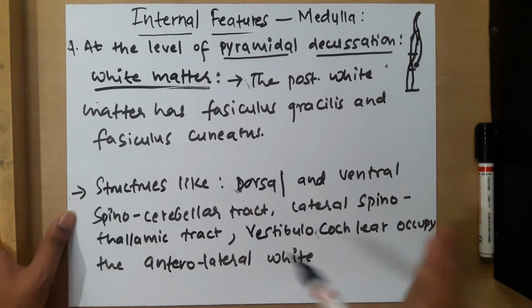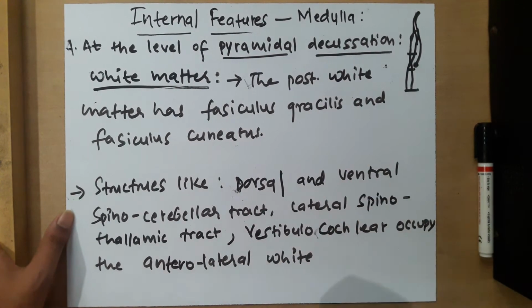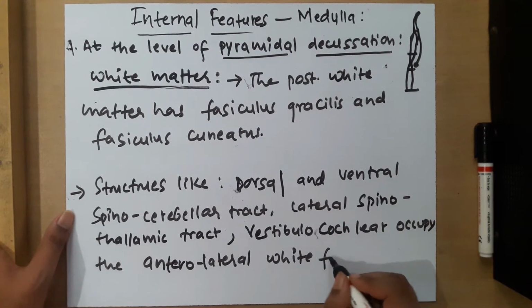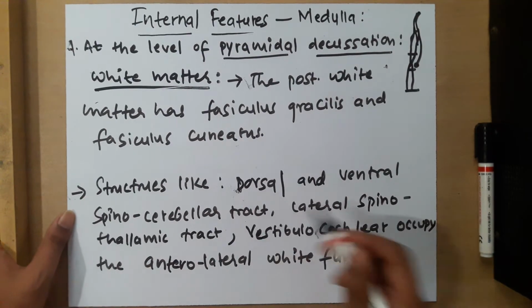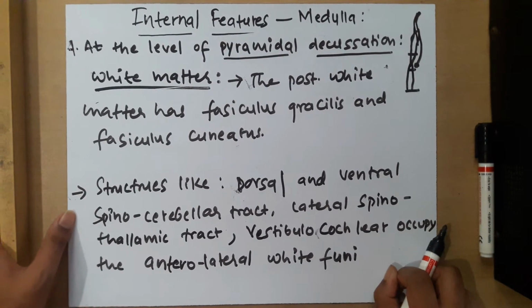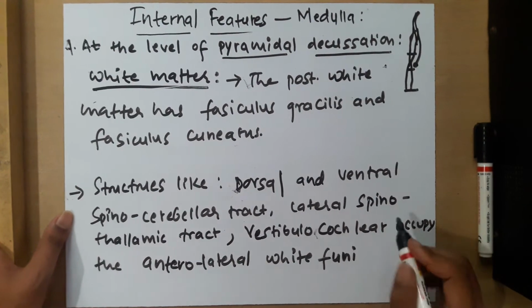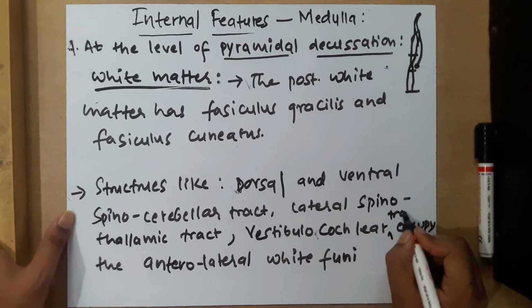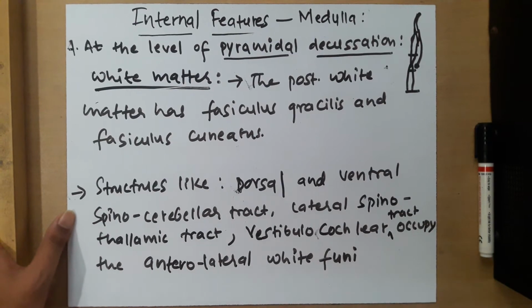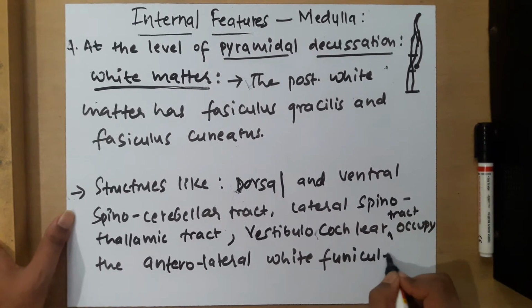That is, the anterolateral part of the white matter is occupied by spinocerebellar tract, lateral spinothalamic tract, and vestibulocochlear tract.